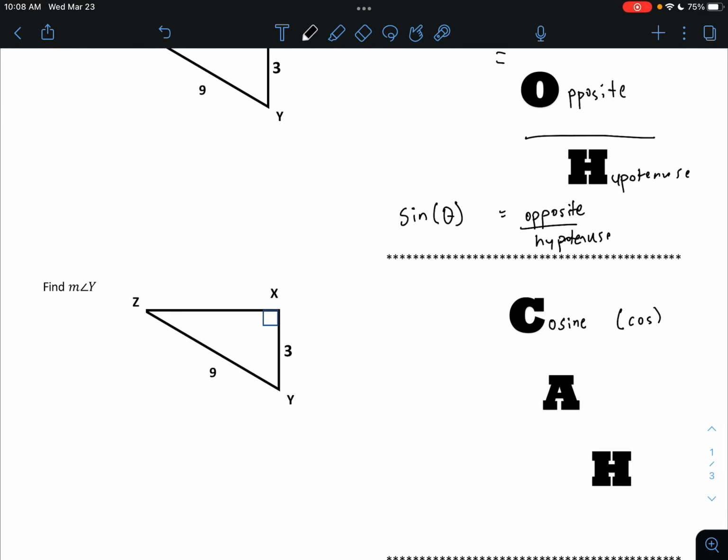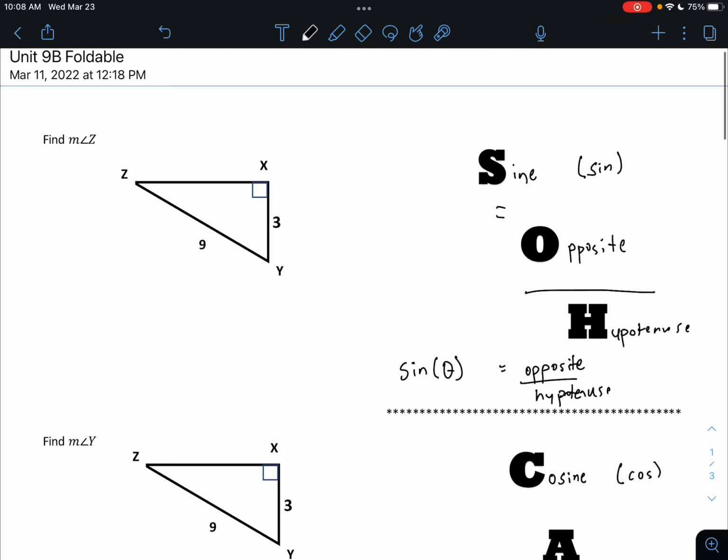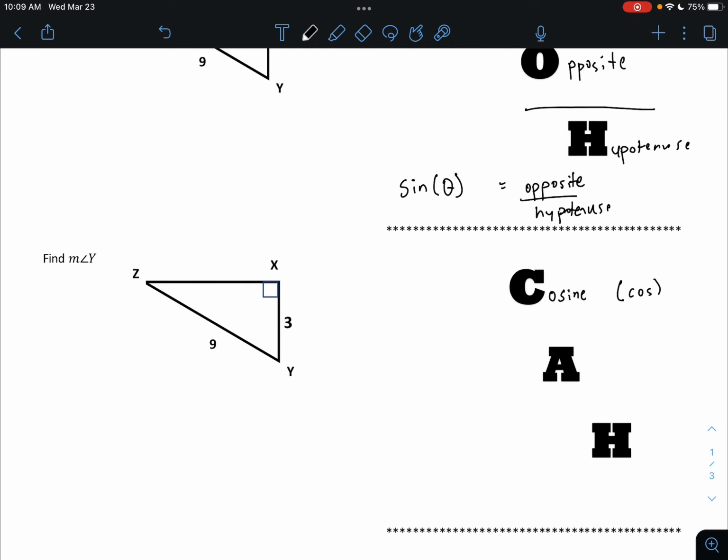Okay, so in the last video, we talked about how the sine function is defined as the proportion of the opposite side over the hypotenuse. Well, the cosine, COS, is similar to that, but it is defined as being equal to the adjacent side divided by the hypotenuse.